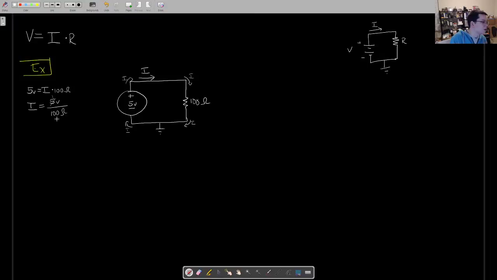Cancel out, that's 1, that's 20, and we're left with 1/20th of an amp, which is 50 milliamps. I'll write that a little differently: 0.05 amps equals 50 milliamps. And a milliamp is 1,000th of an amp.